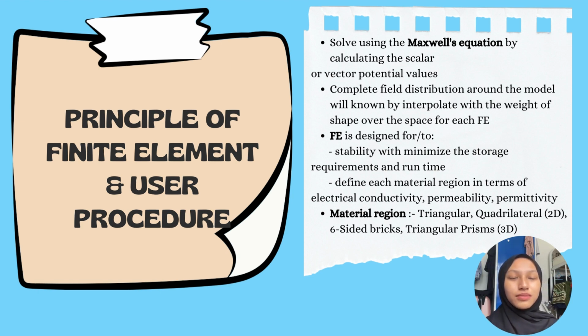So based on my research, with Maxwell's equations, we can solve the finite element, which is the FE, by calculating the scalar or vector potential values at defined mesh nodes for the minimum energy condition through the minimization of a functional.